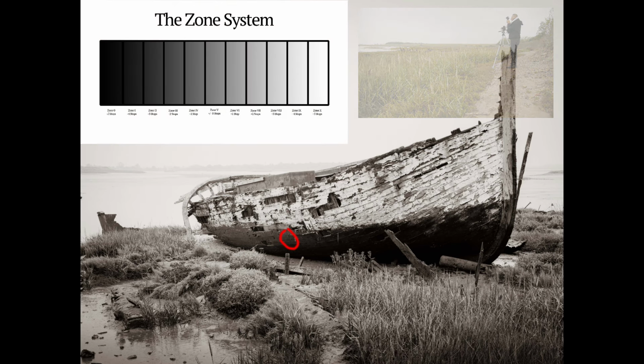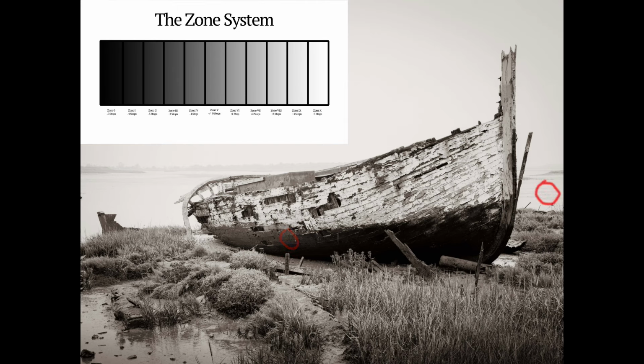But seen in front of me, lovely old boat, and I decided to take a shadow reading from the bit you can see here under the hull, and that would have some detail in it, and I'd equate that to zone 3 on the zone scale, which is the dark tones that still have detail in them.